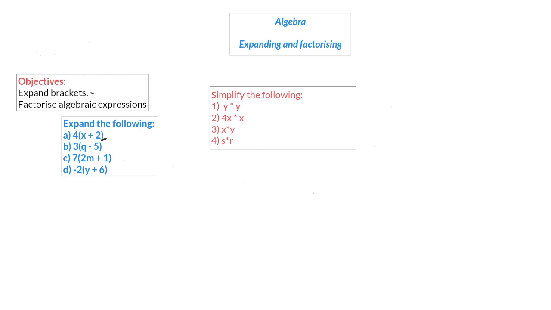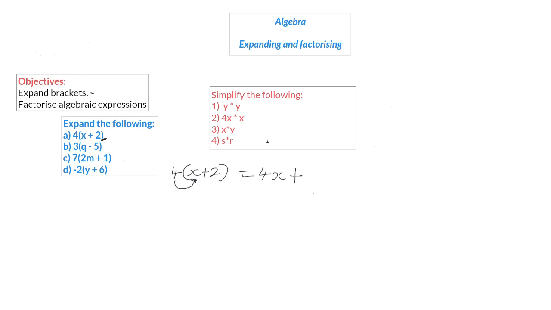So for the first one, we have 4 into the bracket x plus 2. Now, this is a very simple one. So I will start with multiplying 4 with x. Like we did in this example, 4 times x will give you 4x. Good. And then plus. Why did I write plus?